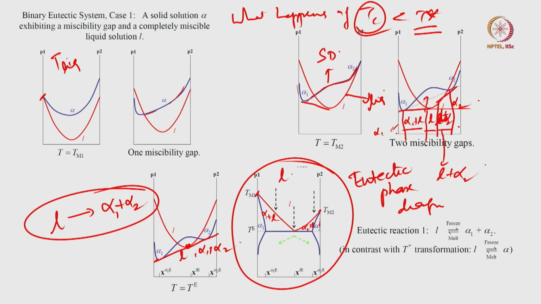Now, at some point this liquid completely disappears and forms alpha 1 plus alpha 2. So the liquid here disappears and forms alpha 1 plus alpha 2, and the liquid here also disappears and forms alpha 1 plus alpha 2.